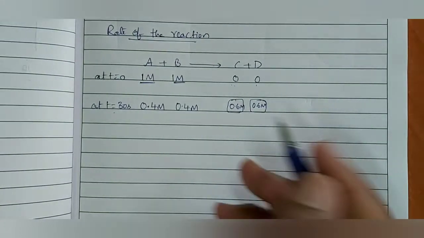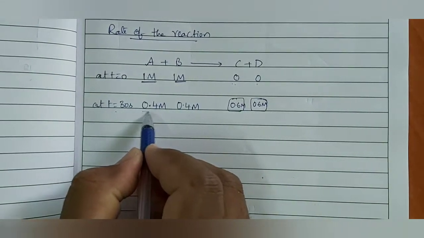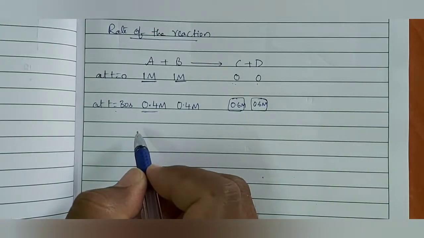Are you understanding? Now, what is the initial concentration of A? 1 molar. What is the final concentration of A? 0.4 molar.